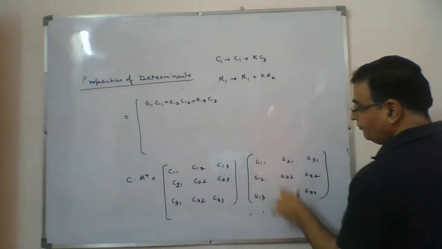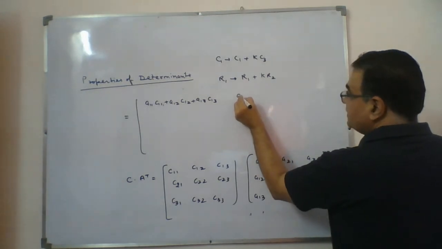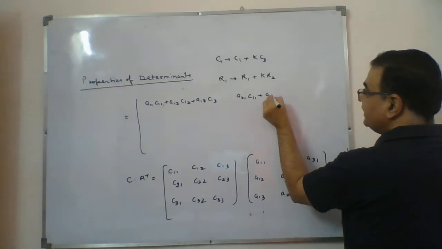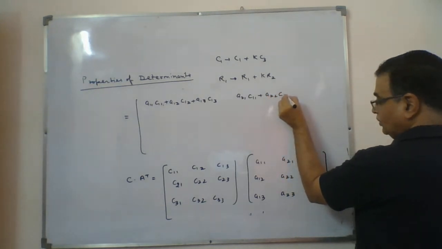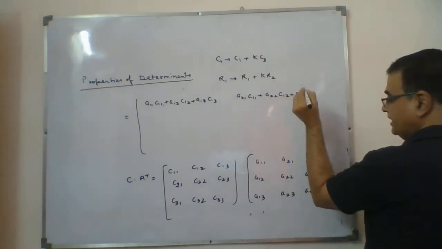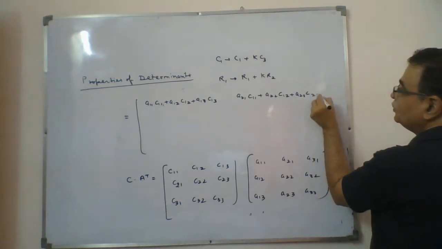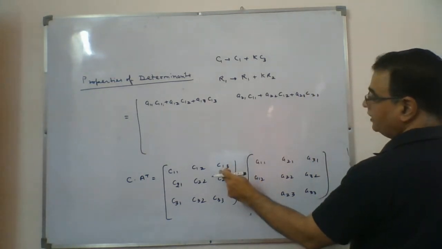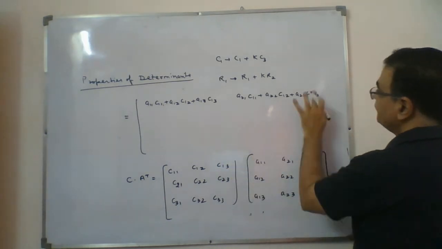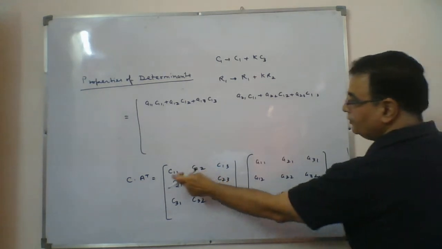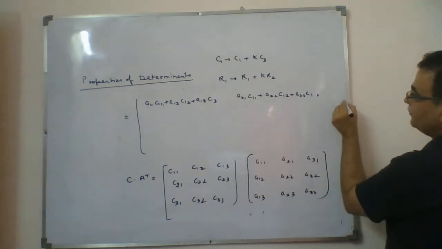Then this multiplied with this will come A21 C11 plus A22 C12 plus A23 C13. And the third one will be this multiplied with this. This way it will continue.